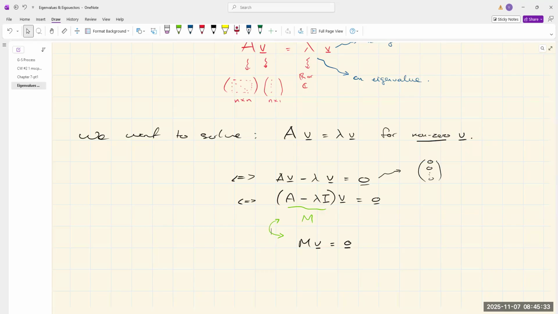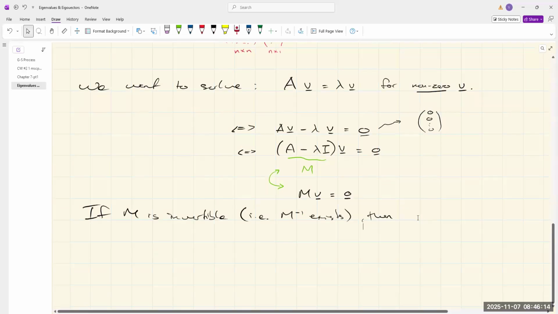Now forget all about these eigenvalues and eigenvector stuff. Look at this system: a matrix times a vector equals a zero vector. What happens if the matrix M is invertible, if M has an inverse? A matrix being invertible is a fancy way of saying M inverse exists.